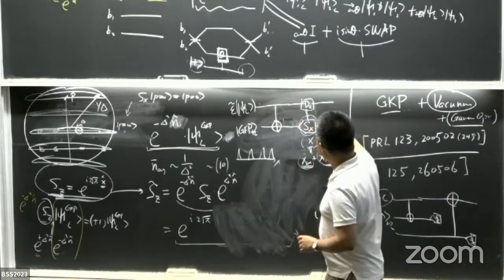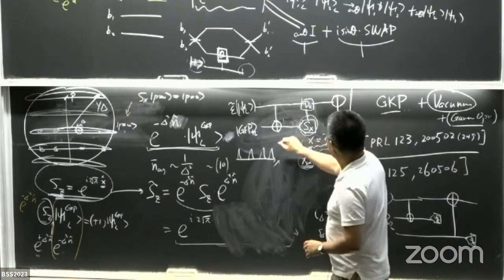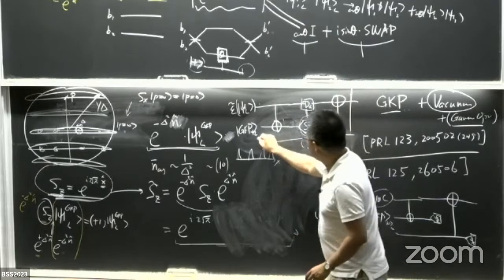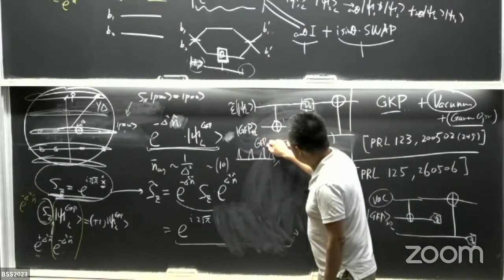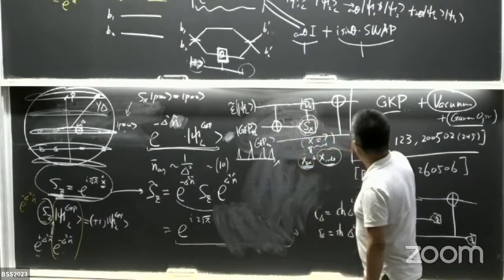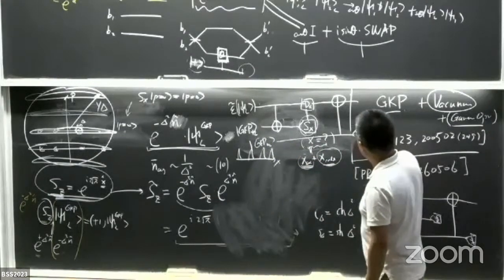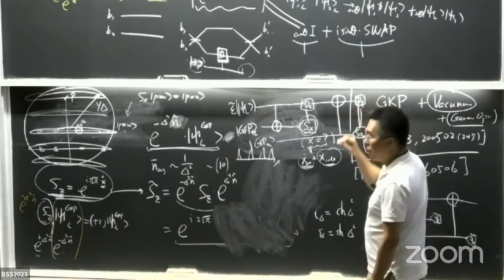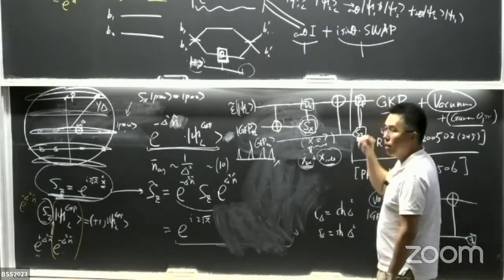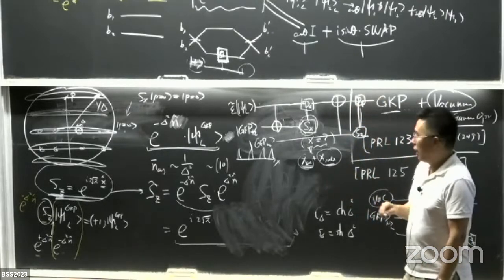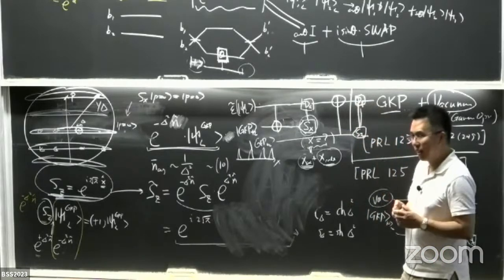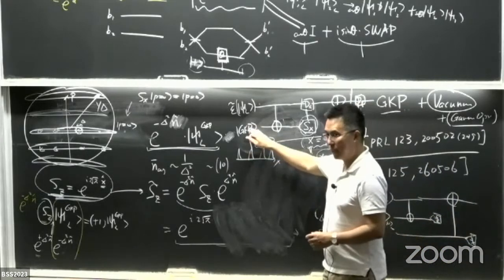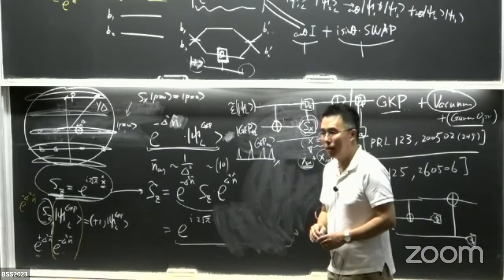Similarly, you can do a similar circuit with this GKP 0 logical and measure SZ and feed back with some displacement along the momentum direction to correct the other quadrature error. That's the ideal circuit design if you have a perfect GKP as the ancilla.